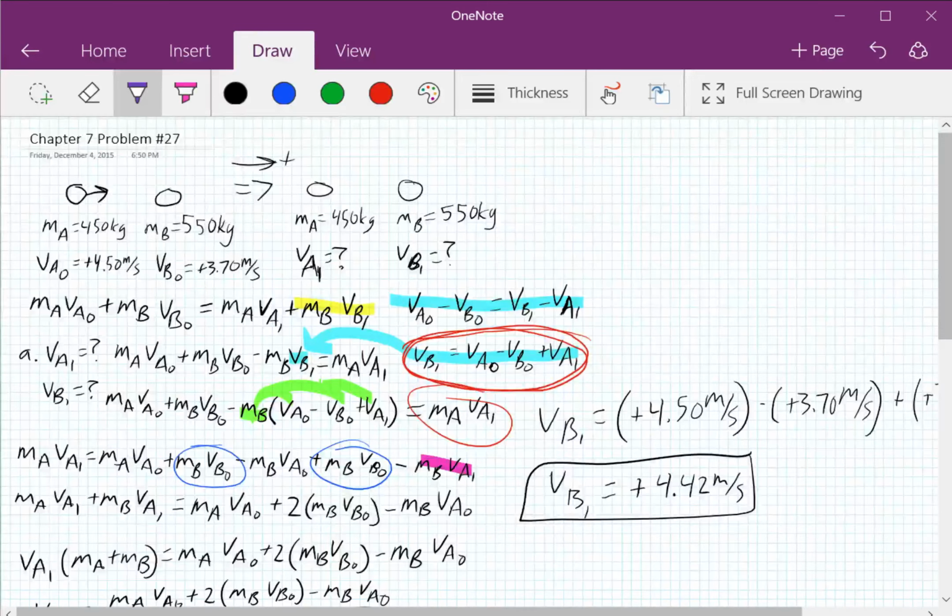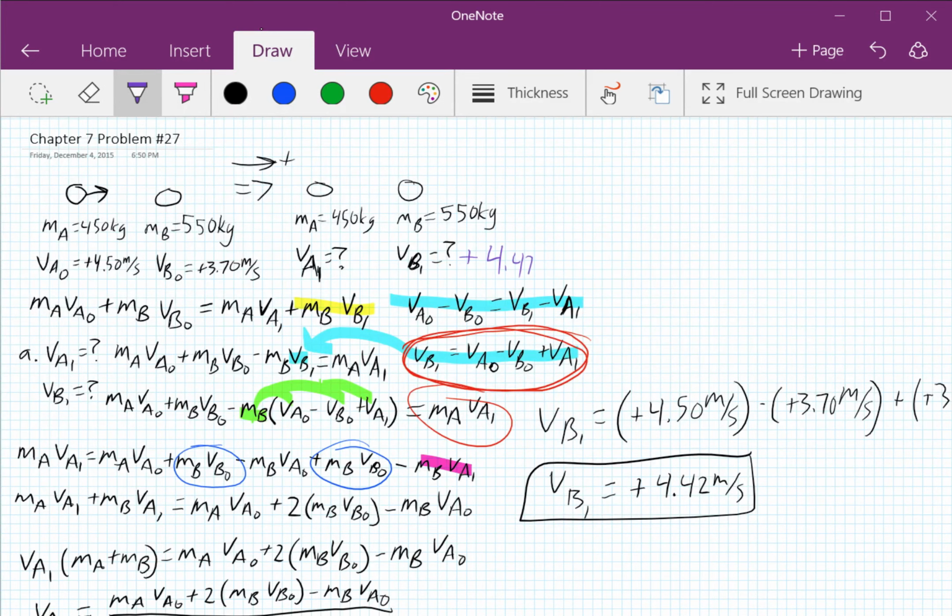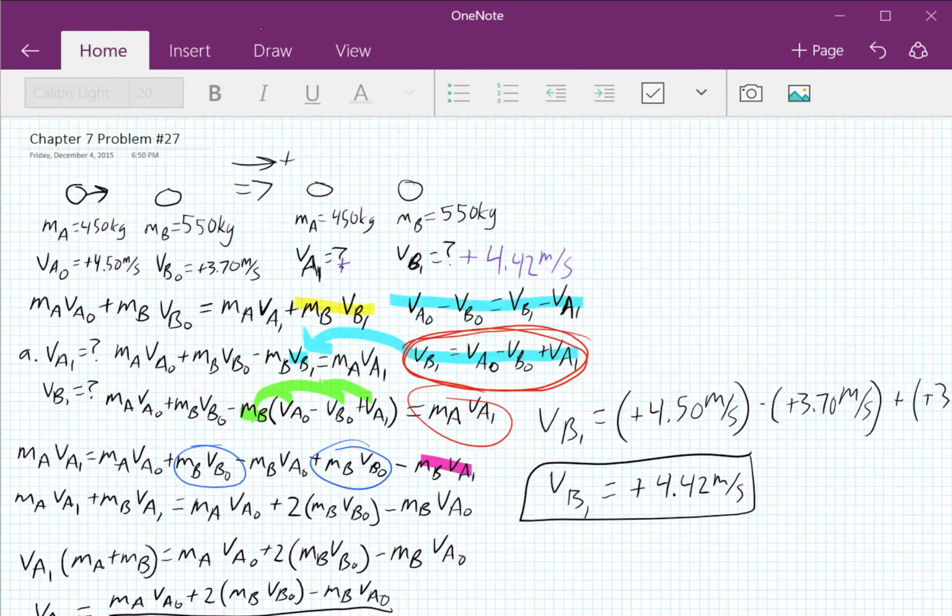Okay, so VB was a positive 4.42 meters per second, and VA was a positive 3.62 meters per second. That way we can see it from the top.